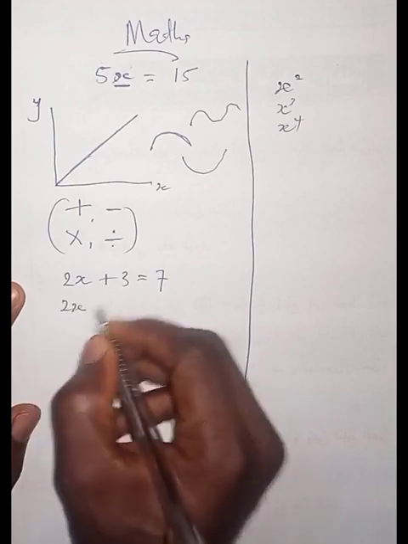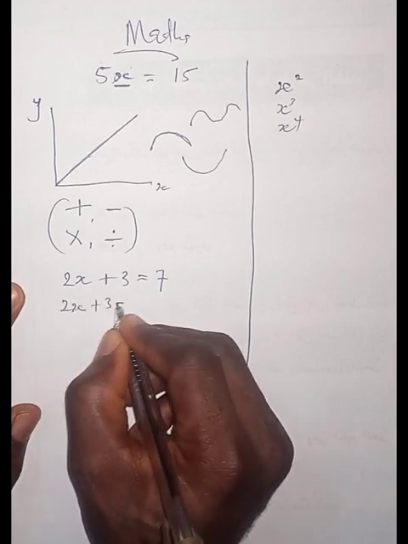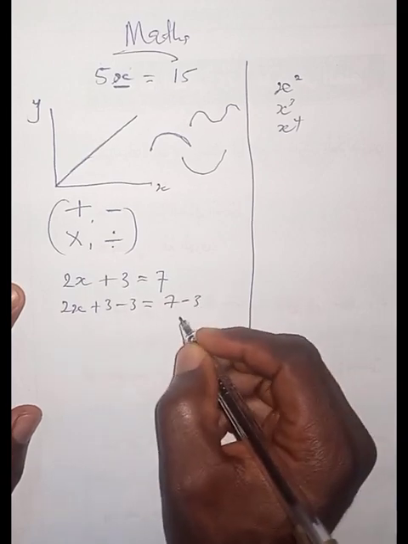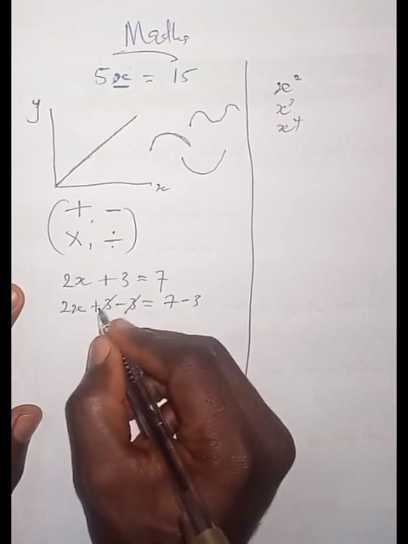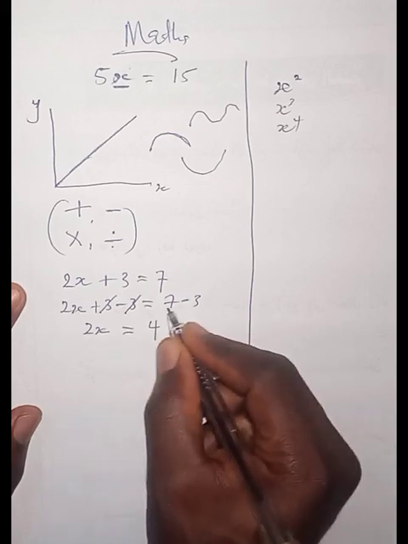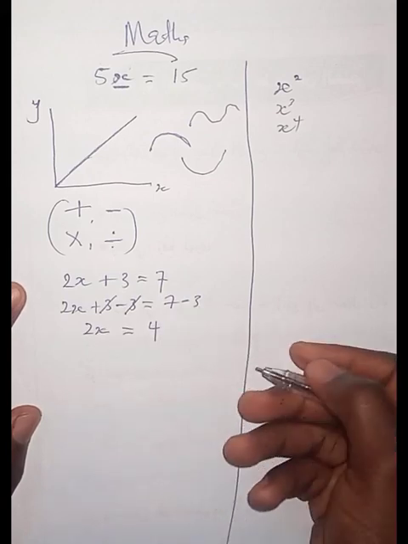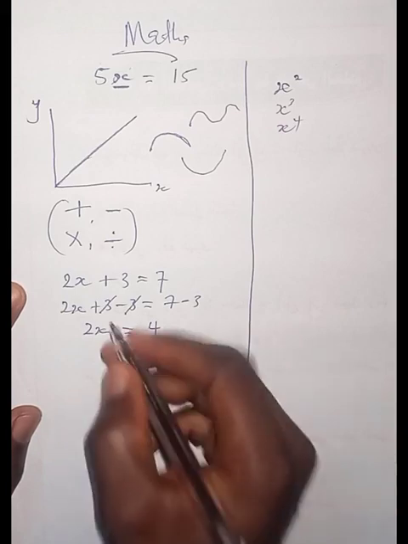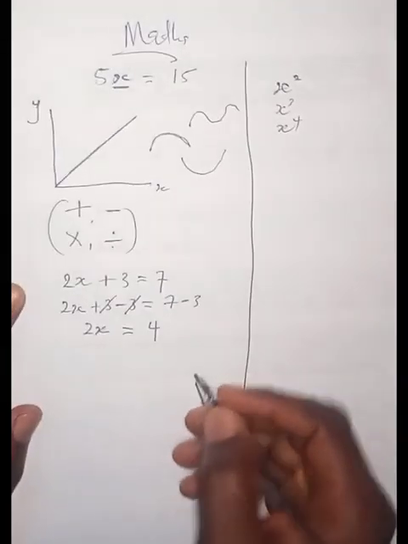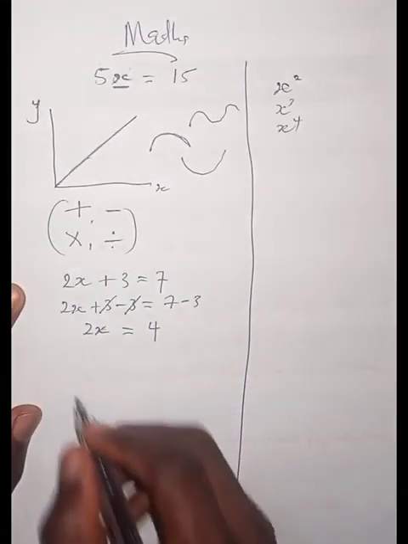So you have 2x plus 3 minus 3 equal to 7 minus 3. So this 3 is gone. You have 2x is equal to 4. 7 minus 3, we have 4. To isolate this variable, the next thing to be done is to divide both sides by 2.